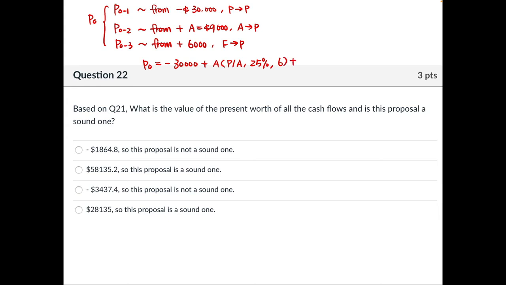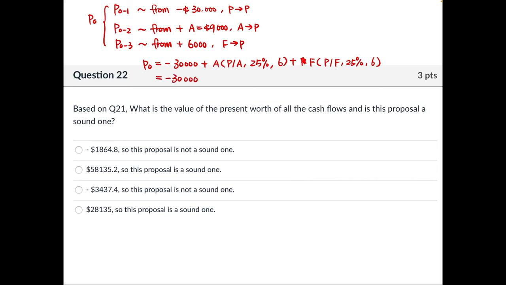And then you don't forget about the 6,000 future cash flow to the present. So use the formula of F times P given F, 25% and 6. And then you just need to substitute the letters with the numbers.